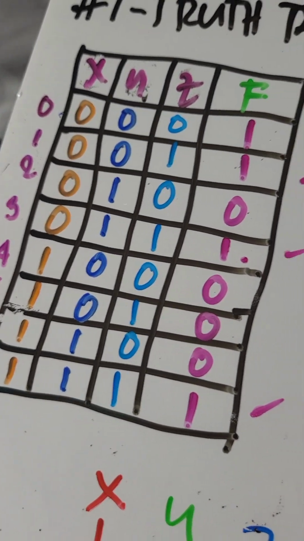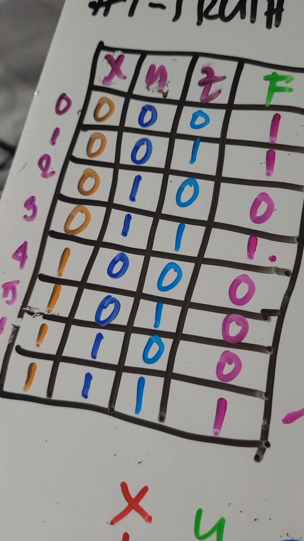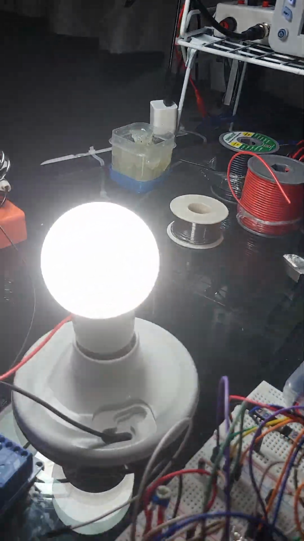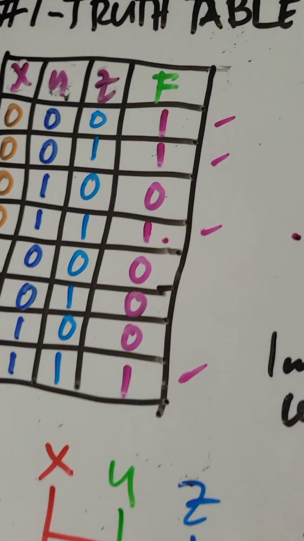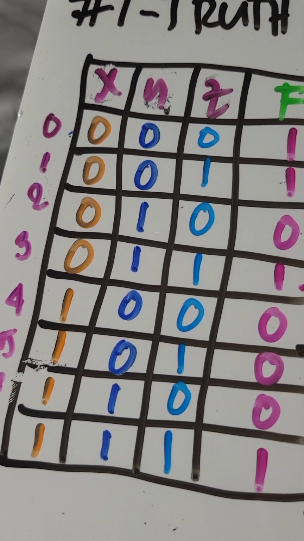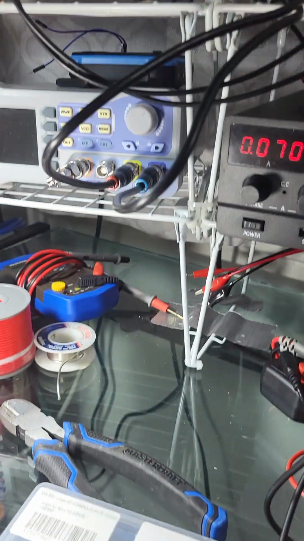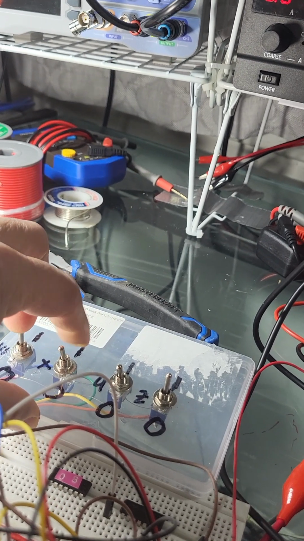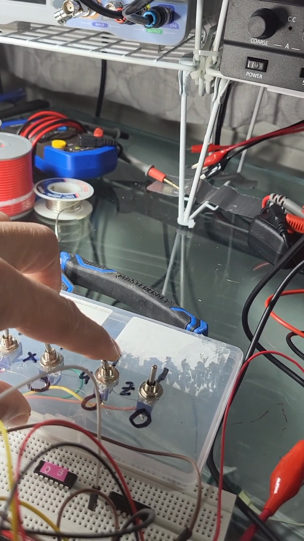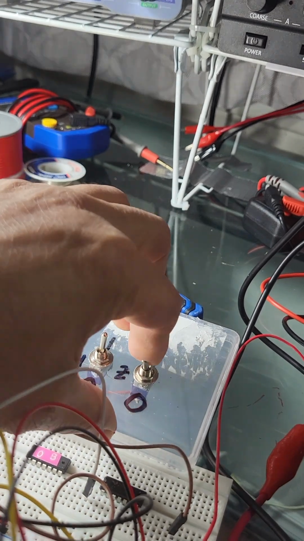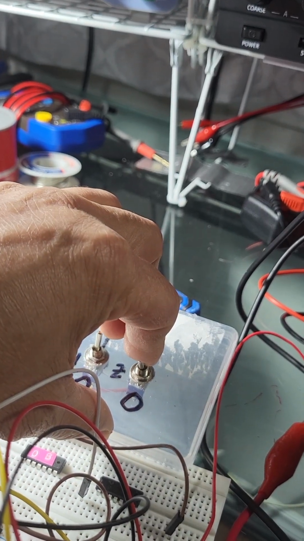For number 2, the combination of inputs must give 0 output. So we'll try 0, 1, 0. X is 0, Y is 1, Z is 0.